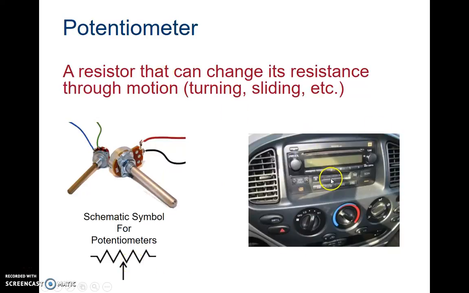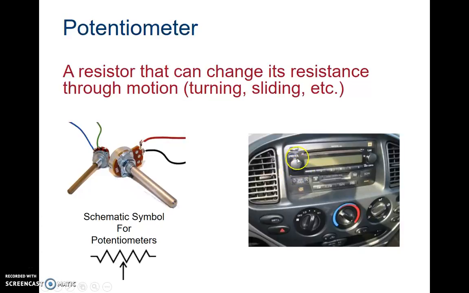Now we've got this example picture over here of a piece of the inside of a car, and there's a couple potentiometers here. I want you to see, just by looking at the picture, take a pause real quick on the video and see if you can point out where one or two potentiometers might be. Okay, so we're back. The first one that many people get right away is the volume button on the radio here.